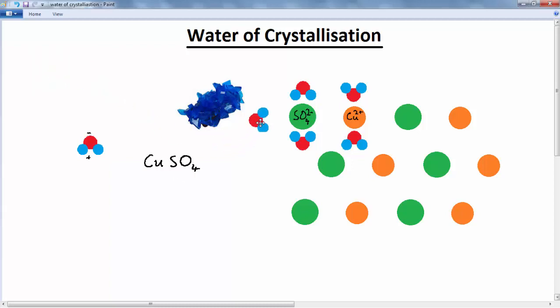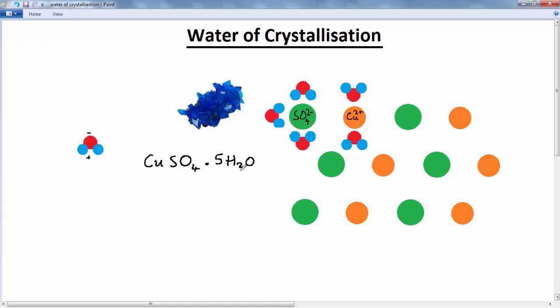Now, in the particular case of copper sulfate, for each copper sulfate group in the lattice, there are 5 molecules of water of crystallization. So we write this as dot 5H2O.